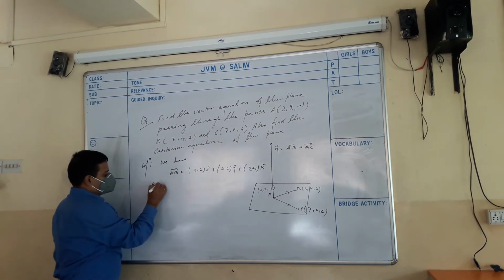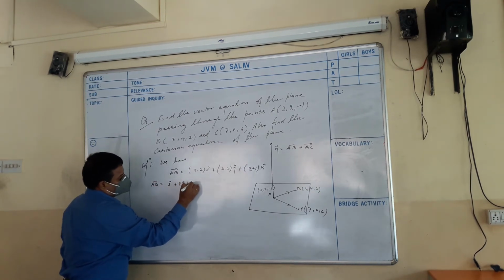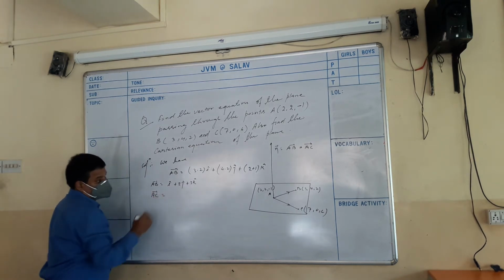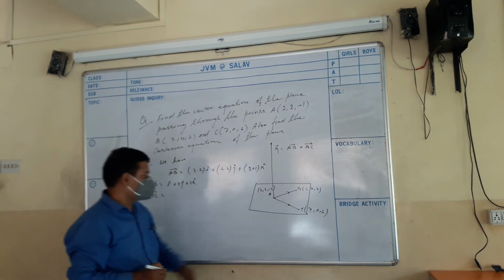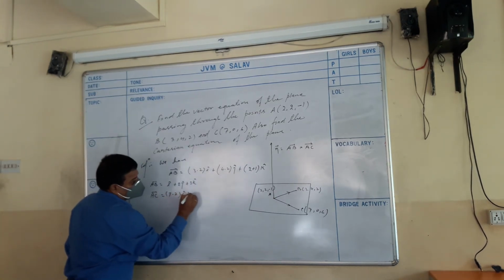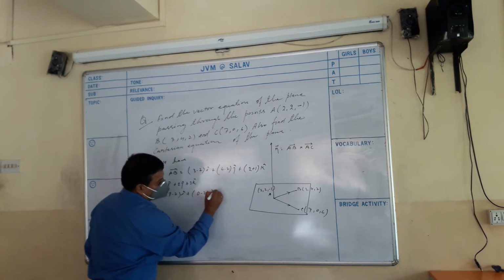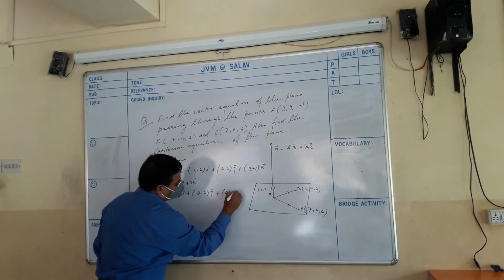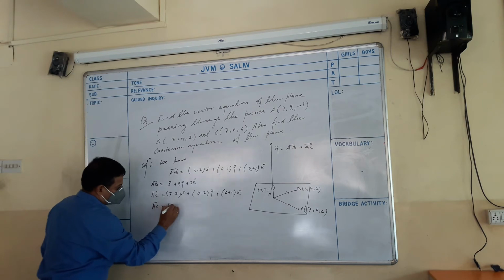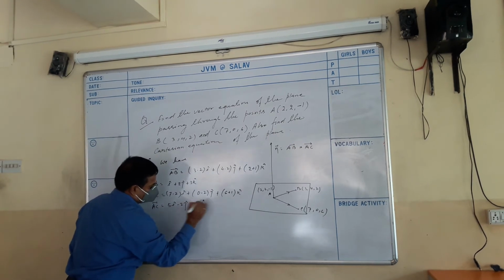So vector AB is equal to i plus 2j plus 3k. Vector AC: 7 minus 2 is 5i, 0 minus 2 is minus 2j, 6 plus 1 is 7k. So vector AC is equal to 5i minus 2j plus 7k.